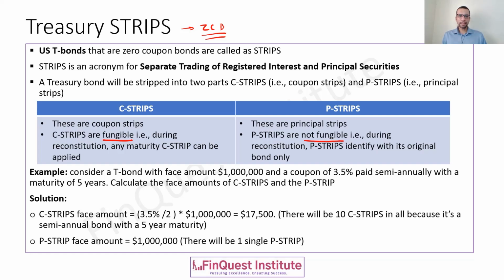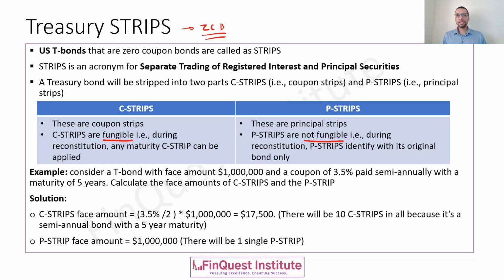Now, to understand the idea of C strip and P strip and how exactly we can calculate the face amount, let's walk through a very simple example. We'll take a T bond, which has a face amount of 1 million, a coupon of 3.5%, and we'll follow a semi-annual frequency, which is generally the case for most treasury securities. We'll assume a time to maturity of 5 years.